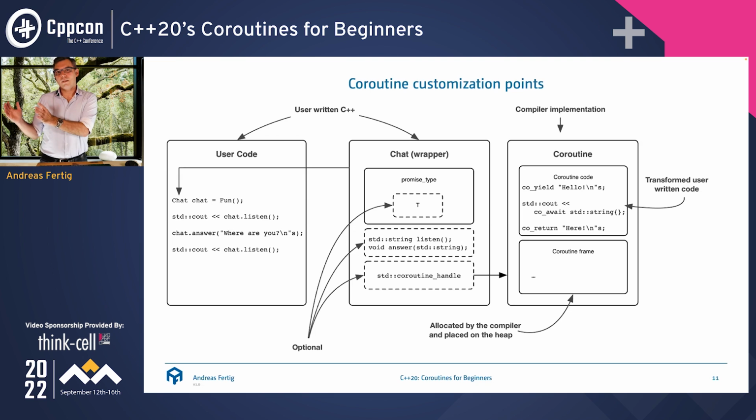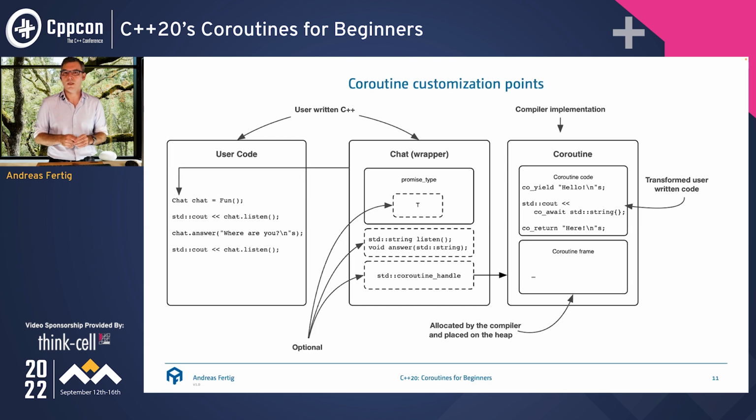And then on the right, my coroutine handle points to something that's the compiler implementation of a coroutine. So our initial coroutine code, as we write it, gets transformed. You can see that in C++ Insights if you wish, but I'm not doing this today. So we have the coroutine, which more or less is a couple of switch cases and storing the values on the heap, on the coroutine frame, which is something that a compiler allocates.